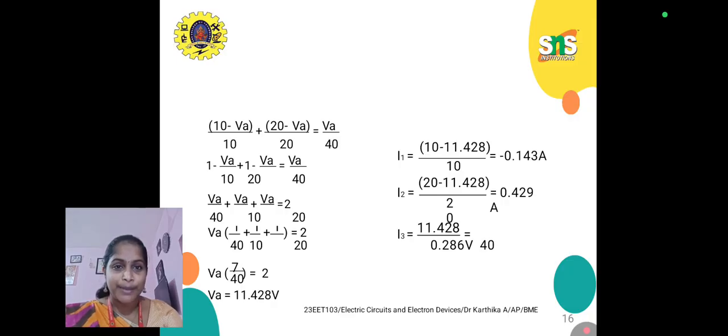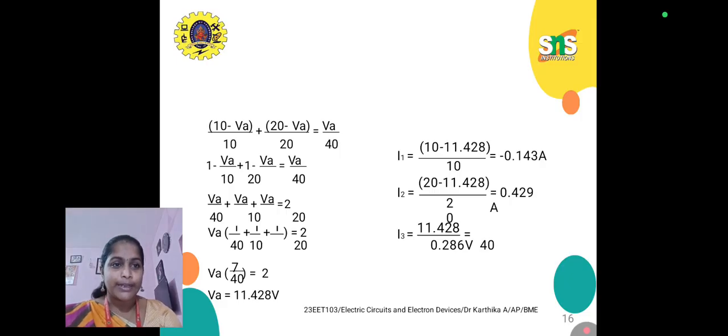Apply this VA value in I1, I2 and I3. What is our I1 value? (10 minus VA) by 10. Apply VA equal to 11.428 in (10 minus VA) by 10, and you will get minus 0.143 ampere. Second, apply this VA in I2, (20 minus VA) by 20, and you will get 0.429 amps.